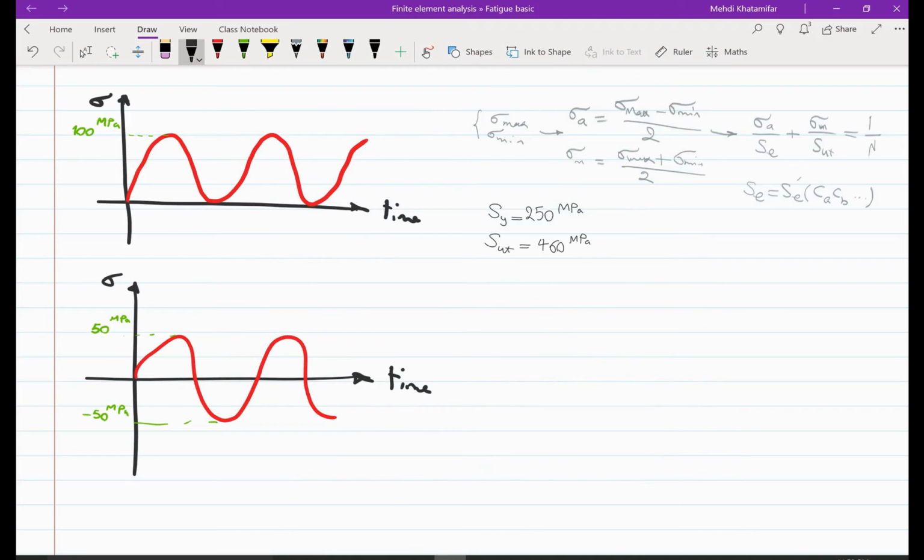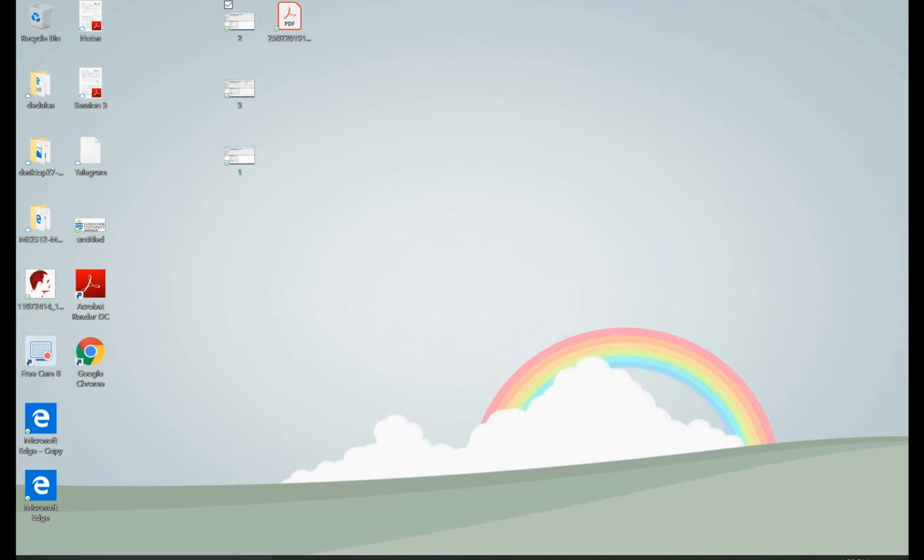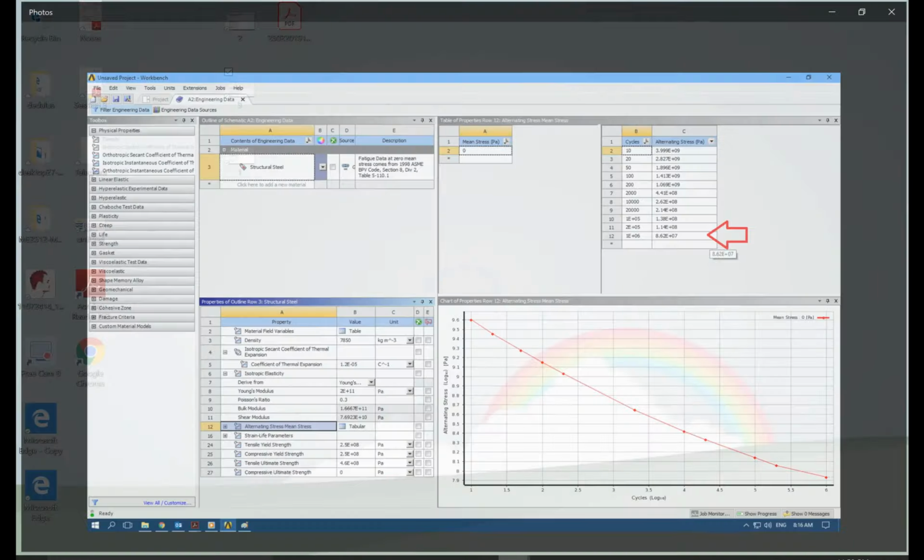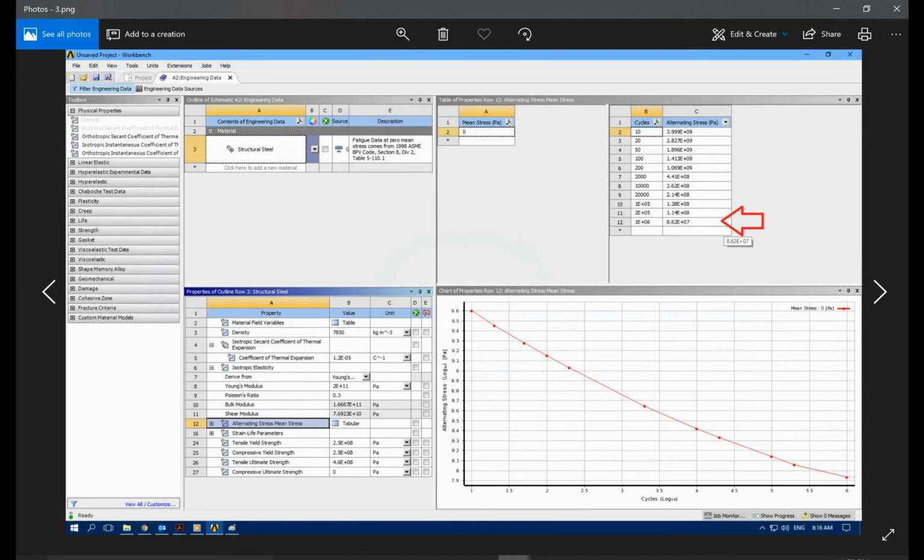What about SE prime, which is the ideal endurance limit? Because it's steel, you can consider half of ultimate stress, but I'm not going to approximate this endurance limit, because ANSYS gives us an S-N diagram.